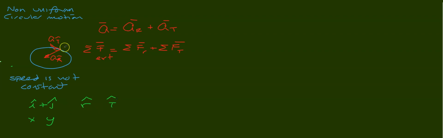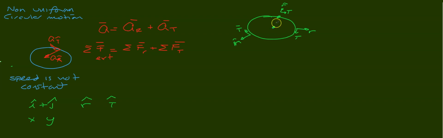So your axis is rotating at all times, depending on where you are in the circle. If you're here, your axes look like this, radial and tangential. If you are here, then it looks like this, radial, tangential. If you're down here, radial, tangential. That's an R.